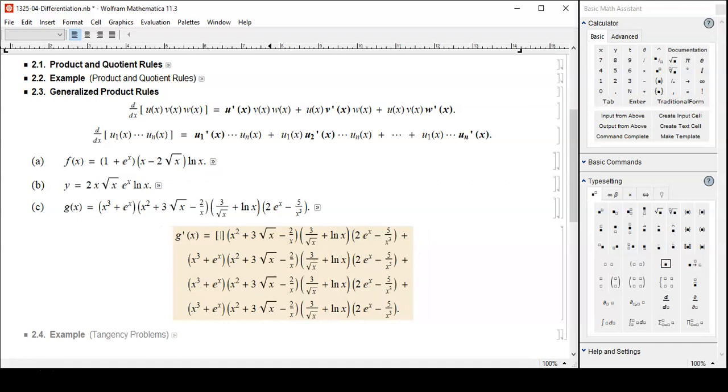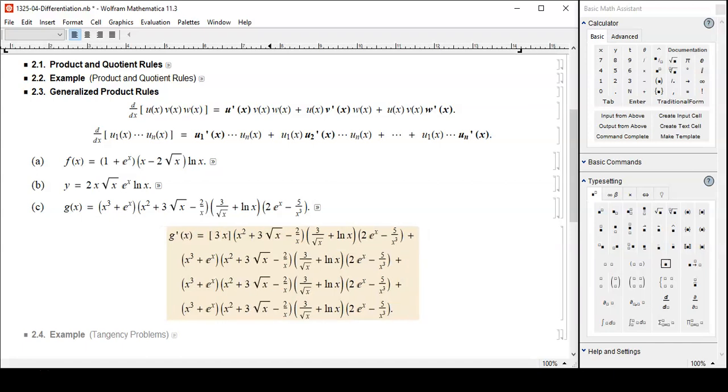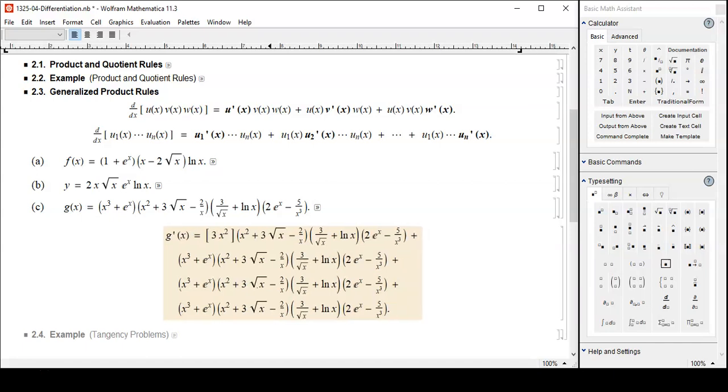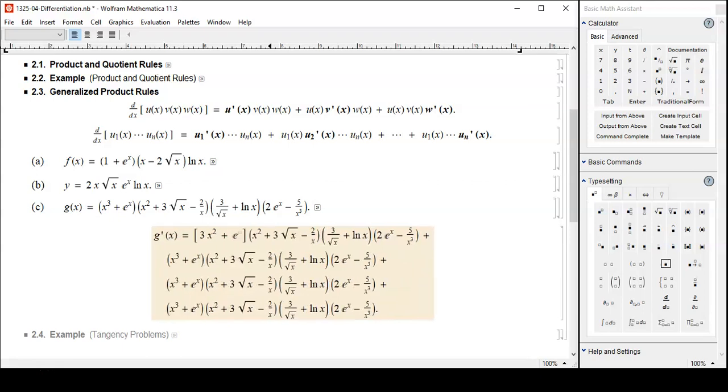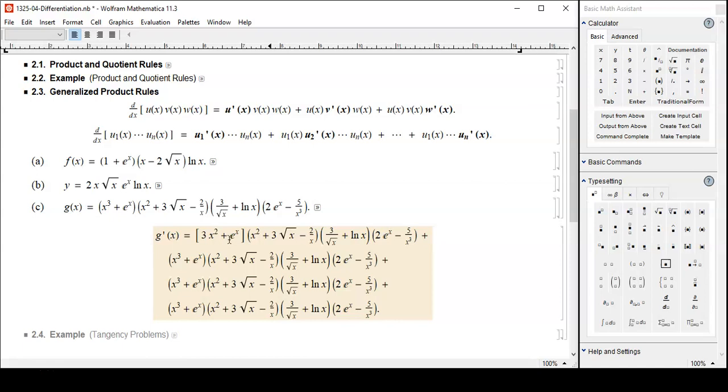And then this will have to become the derivative, right? So what's the derivative computation here? 3x squared plus e to the x power, right? That's the derivative computation of the first factor, this one. Now, it should be the second factor that I have to work out now.